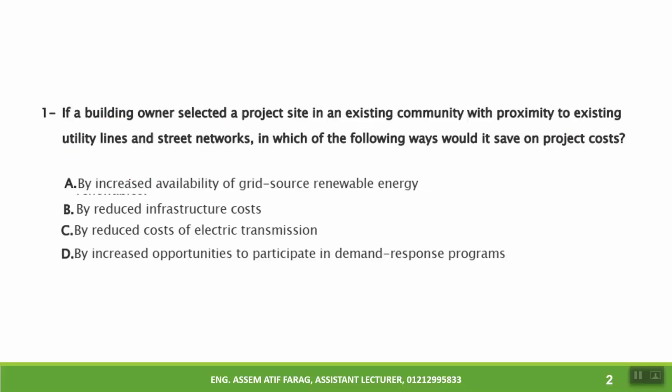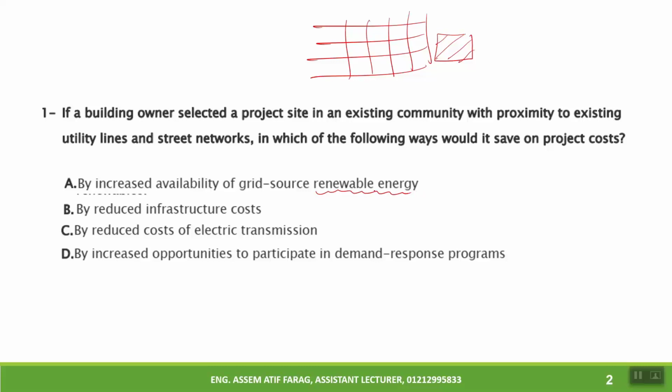If we read the first choice, by increased availability of grid source renewable energy. If there is an existing grid of utility lines, then we construct a building near these utility lines. Will it affect the source from which the energy is produced?